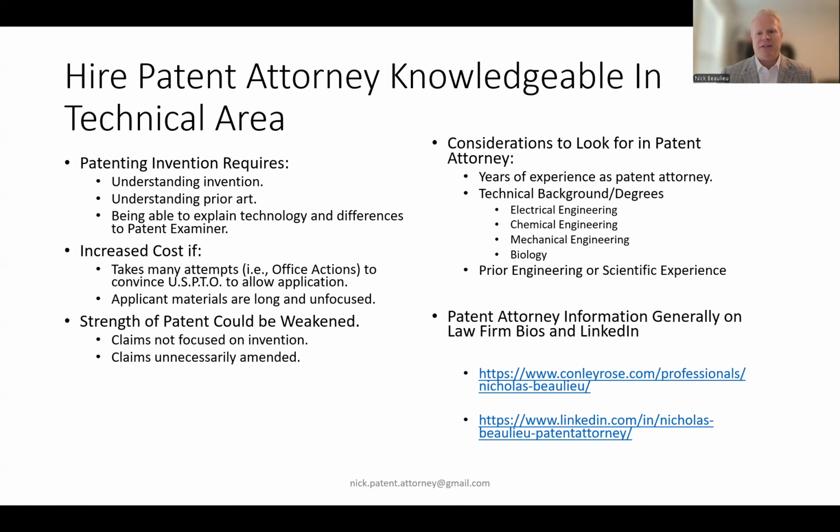So if it's an electrical or chemical invention, you might want to hire someone with an electrical engineering degree, a chemical engineering degree. If it's a biology related invention, you might want to hire someone with biology experience or a biology degree. So you can find the patent attorney who you think will understand your invention and be able to explain it to the patent office in the least amount of time, very concisely, and just focus on the point of novelty and get the patent allowed quickly.